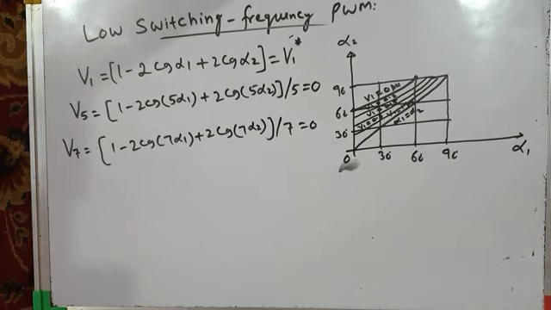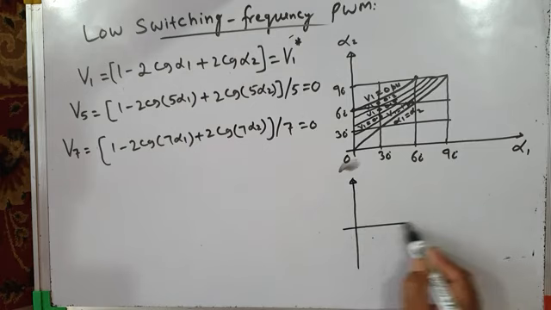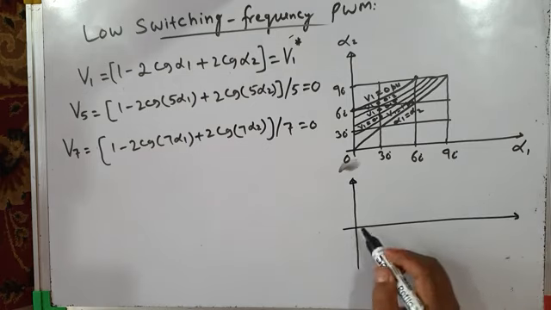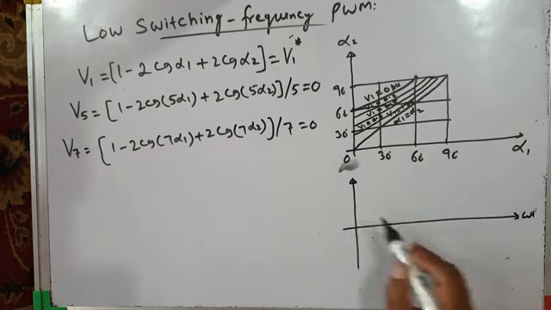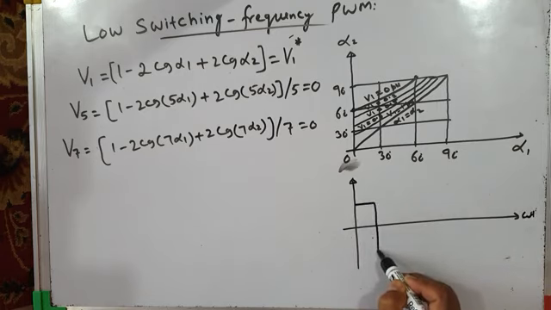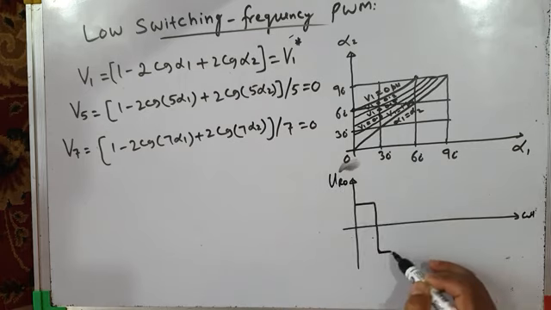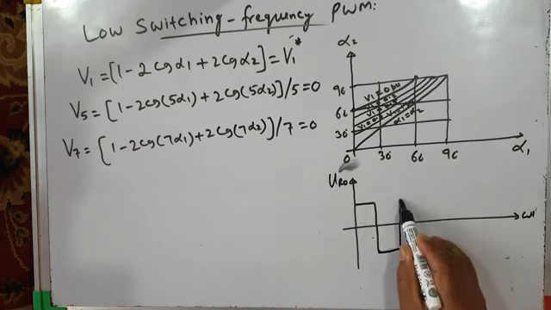The switching angles are like this, as we already know. This is our omega t, and our pole voltage, say pole voltage VRO, will be something like this.